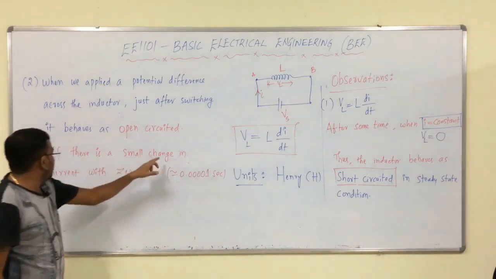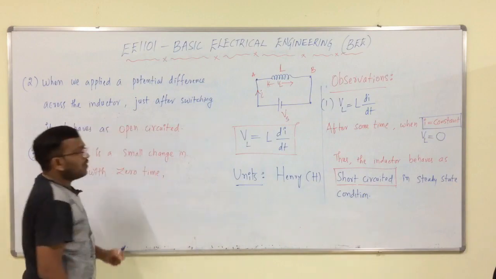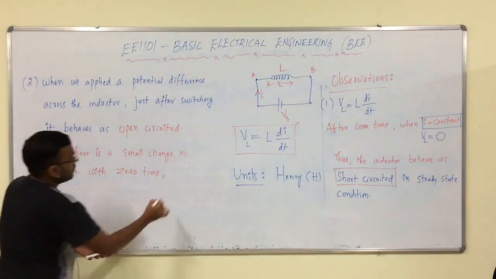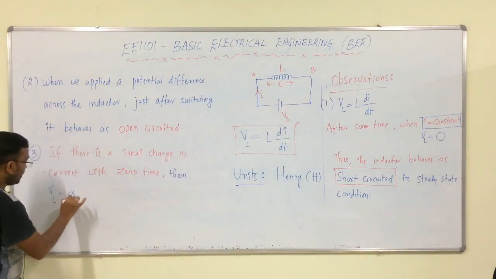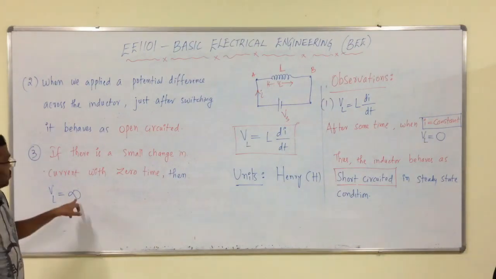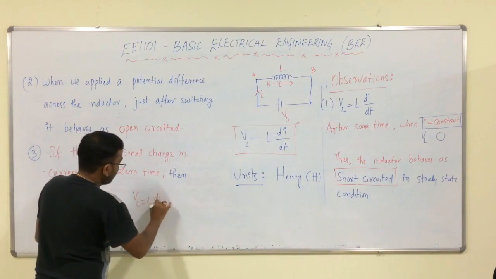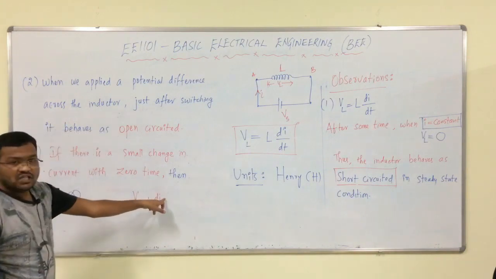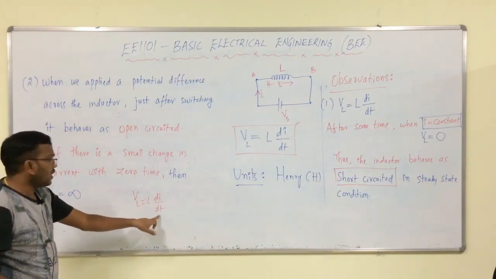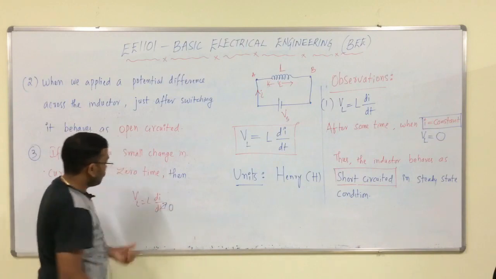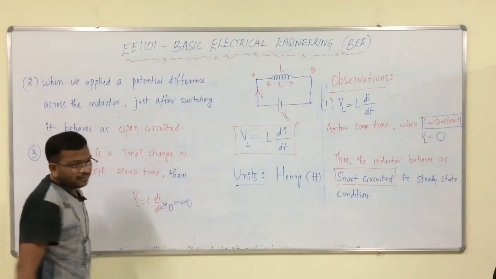So if there is a small change in current with 0 time, what will happen to this VL? VL is equal to what? Infinite, because we know that VL is L into di by dt. With only a little bit of change in current over 0 time, the denominator part is 0, so this should be equal to infinite.